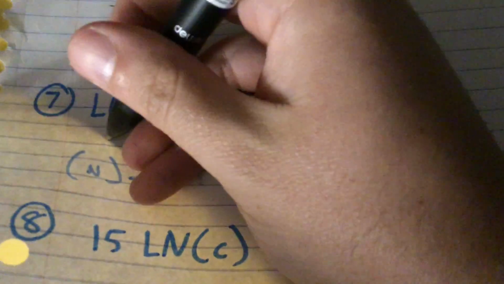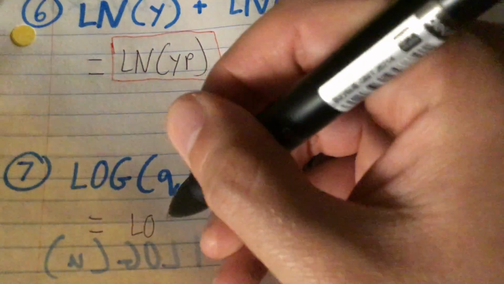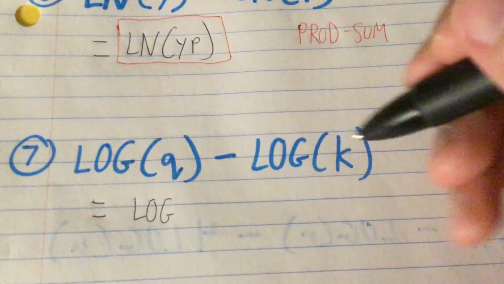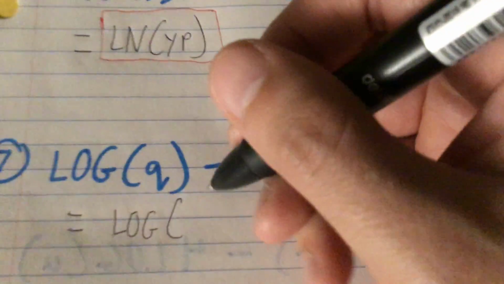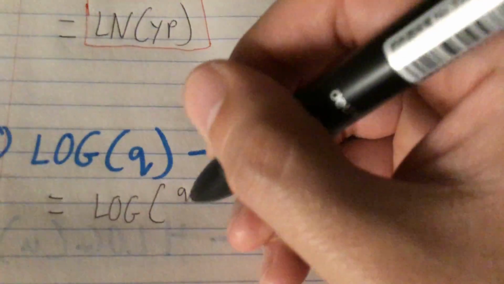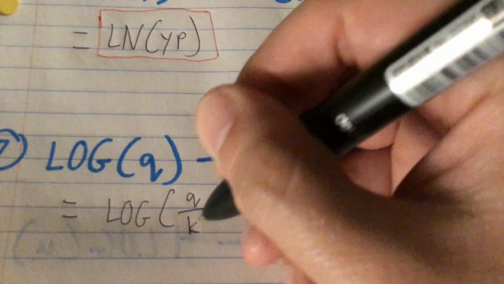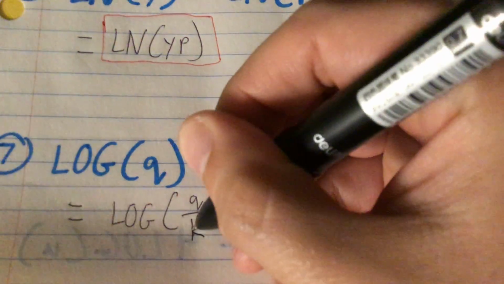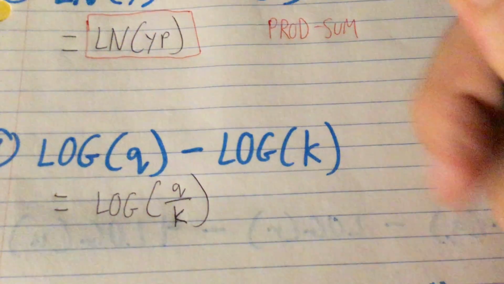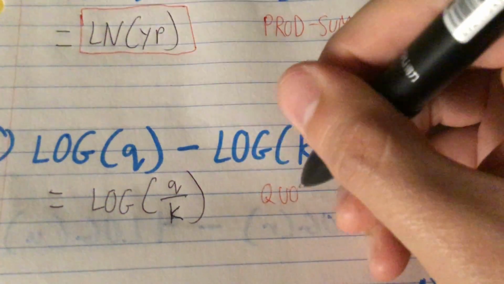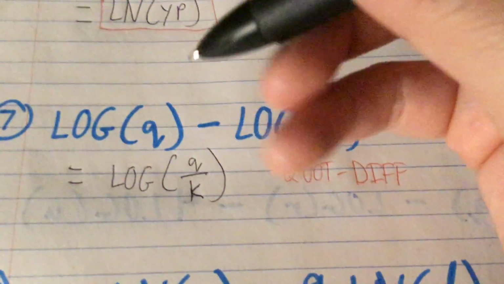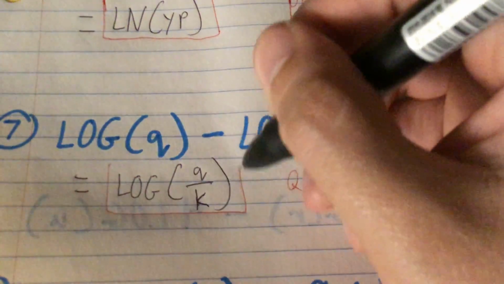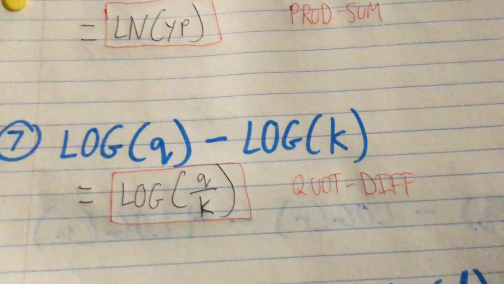So now I can bring this together by going, hey, the first number minus the second number means I've got a numerator and a denominator. So this becomes the log of q over k, because of the quotient difference rule. And there's no exponents, so I'm happy. Box. There you go.